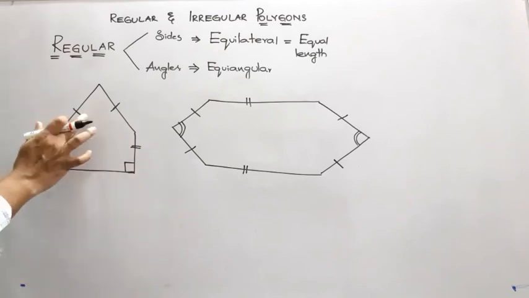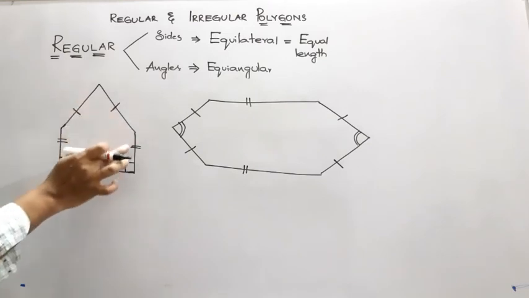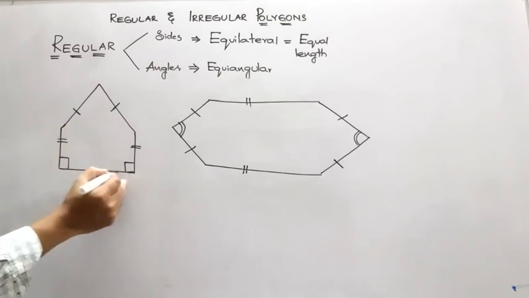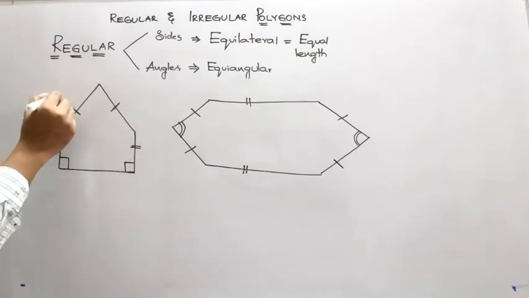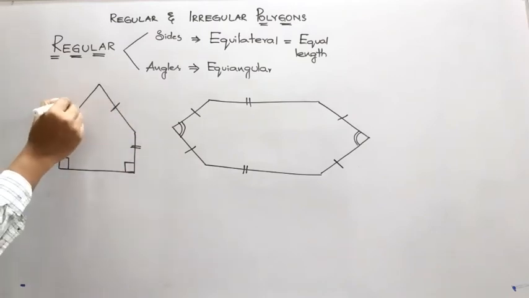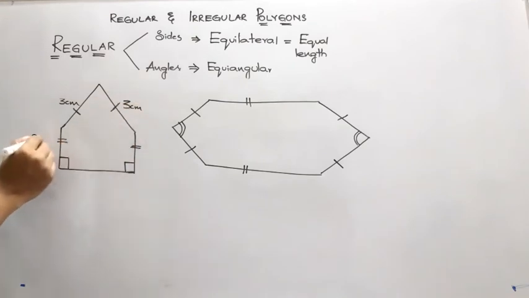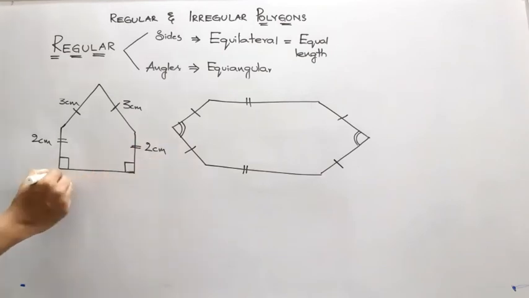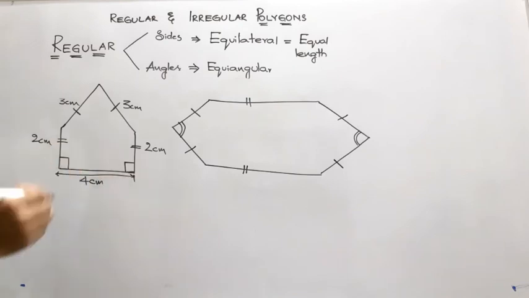Here itself we can decide that though a pair of sides are equal in length, they are not all equal. For example, this side is definitely different from this and this. If this is 3 centimeters and this is 3 centimeters, and if we assume this is 2 centimeters and this is 2 centimeters, then definitely the length of this side will be greater than the given sides.